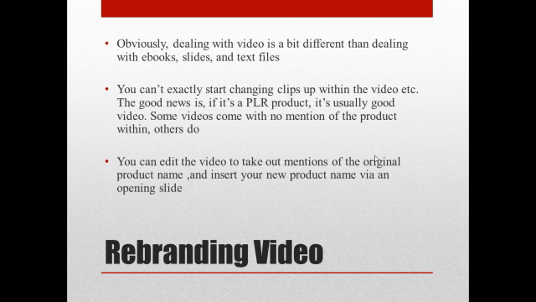We'll go over how to do that again. So you can edit the video to take out mentions of the original product name, and what you can do then is insert your new product name via an opening slide, which again, there's another technology that we can use to do that. Well, I'll show you how.